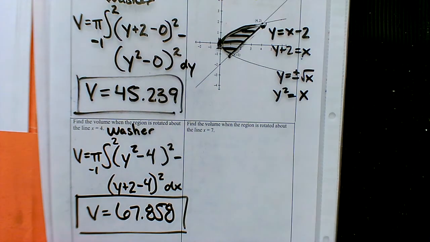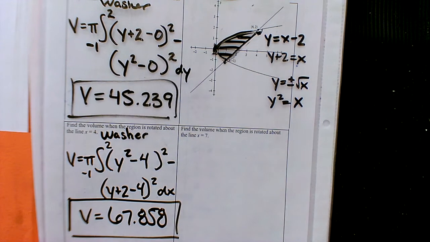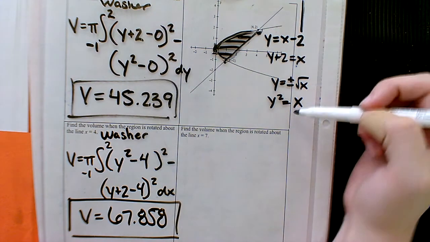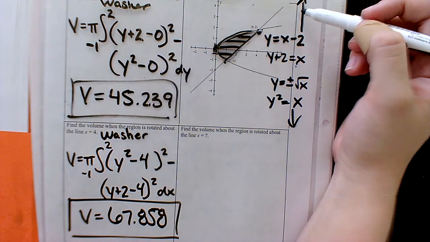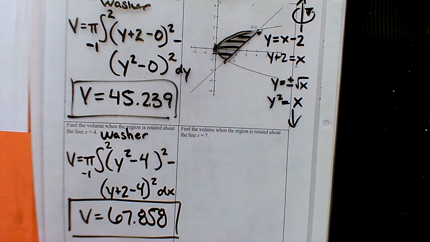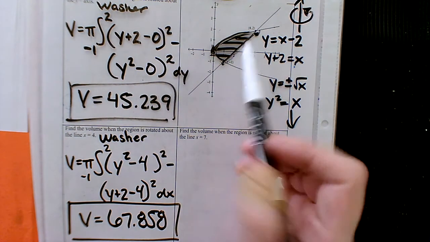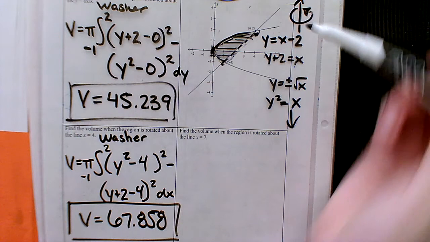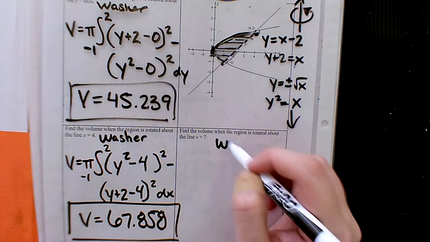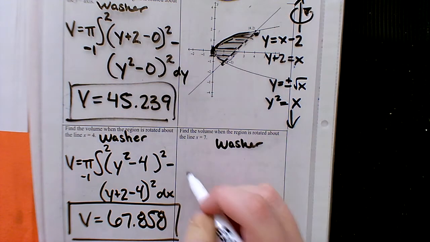So we have x equals 7. That's somewhere off of our paper, but we can still imagine drawing that line in it if we wanted to. All right, clearly the horizontal rectangles are not touching that axis, so we have another washer.